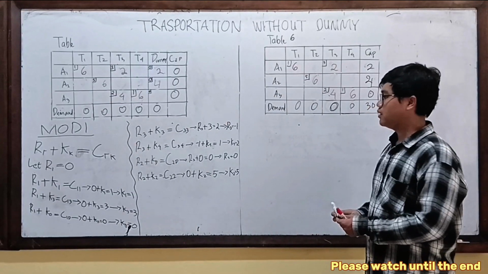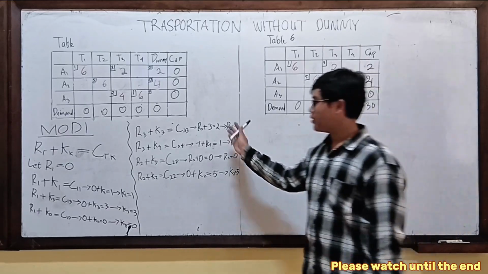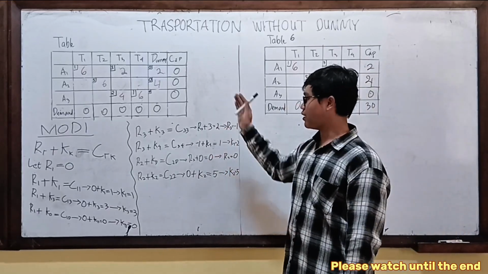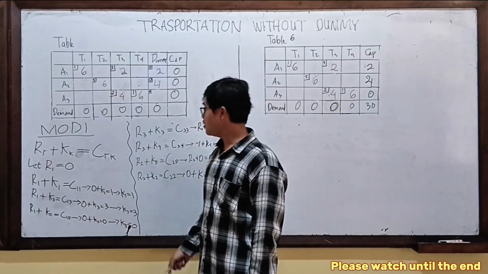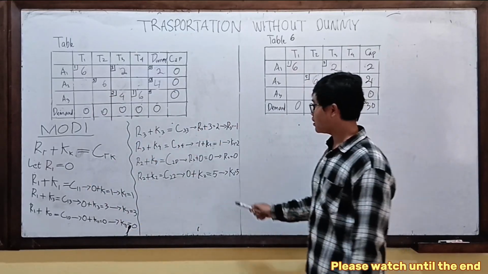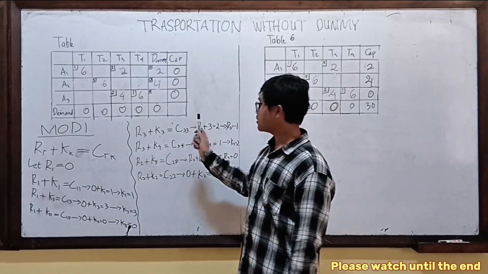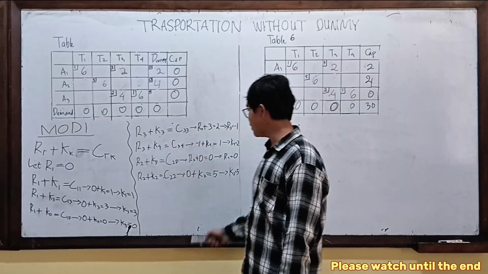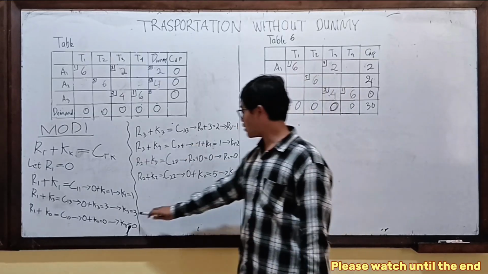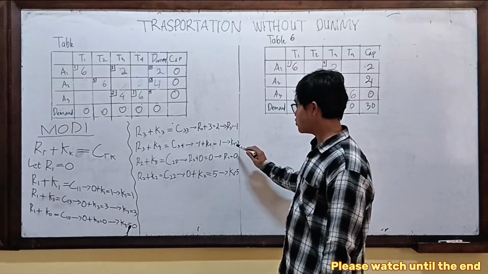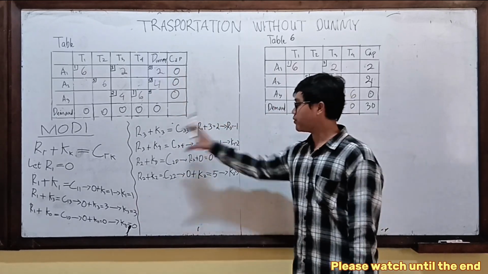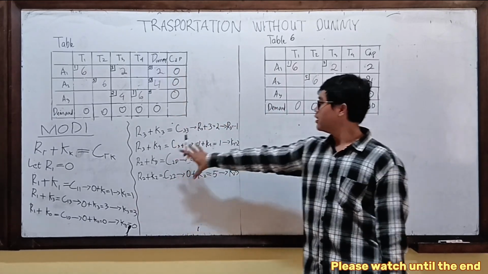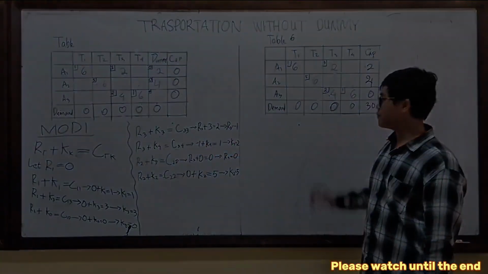Okay, we have already found the values of the rows and the columns. Row 1 is 0, row 2 is 0, and row 3 is 1, and for the columns, K1 is 1, K2 is 0, K3 is 3, K4 is 2, and the dummy column is 2. Then we add all the values to this table.